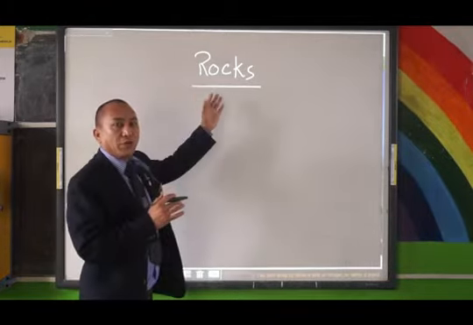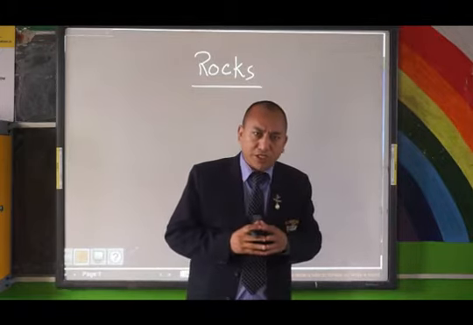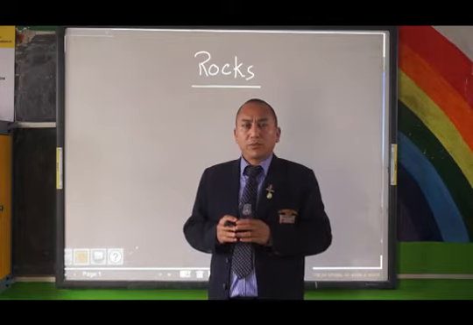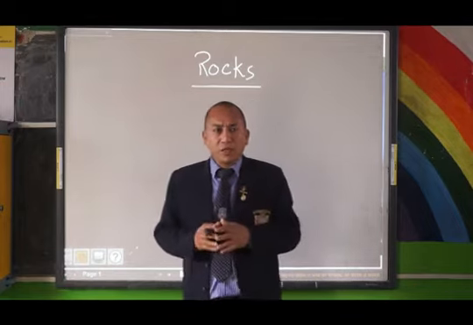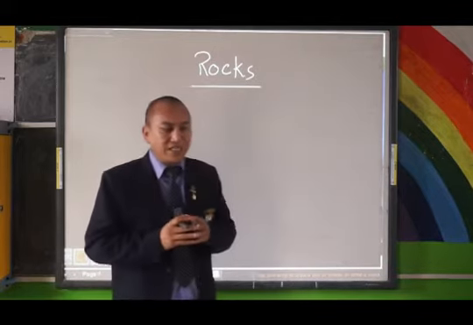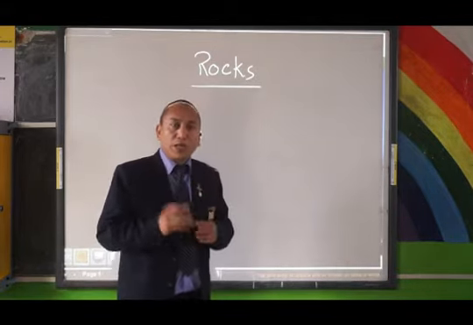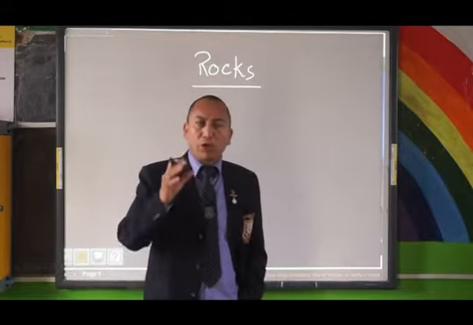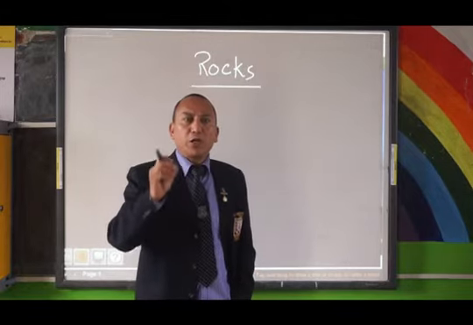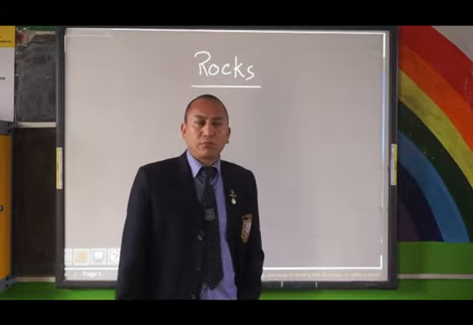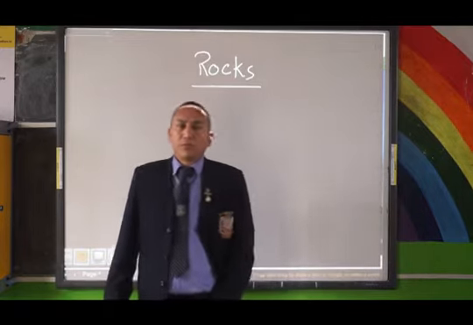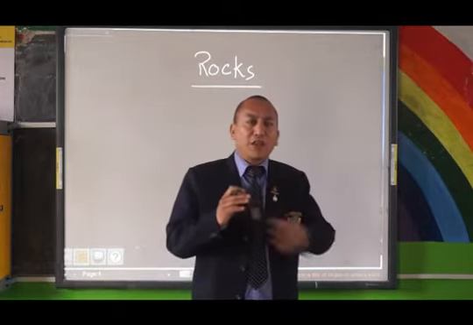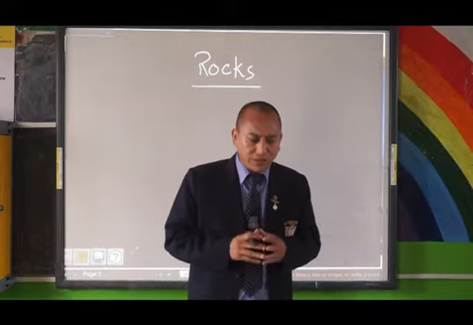Now, the most significant part of the earth's crust is the lithosphere. The literal meaning of lithosphere is the sphere of rocks. That means we're talking about the rocks, so it is called the sphere of the rocks. Now, rocks can be found in various areas, in various shapes and sizes.